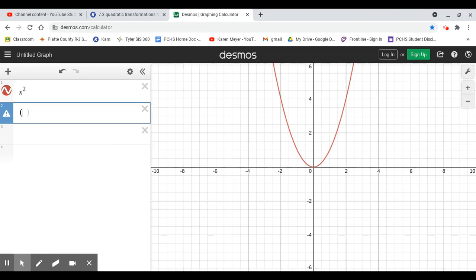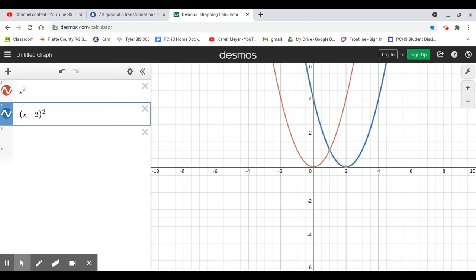So here I'm going to type in x minus 2, and I'm going to close my parentheses and then squared.